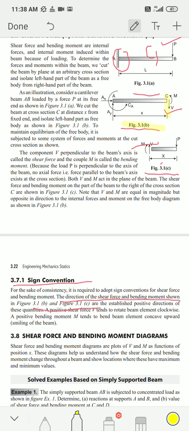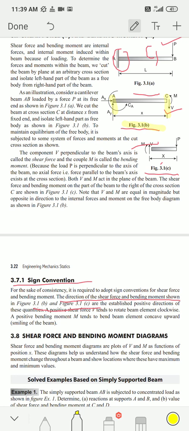We consider shear force positive when it tends to rotate the beam in a clockwise direction. If I make this beam fixed at end A, and imagine the shear force rotating the beam, it rotates in a clockwise direction, so we consider that shear force positive.